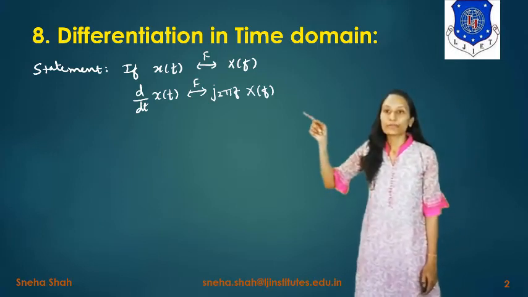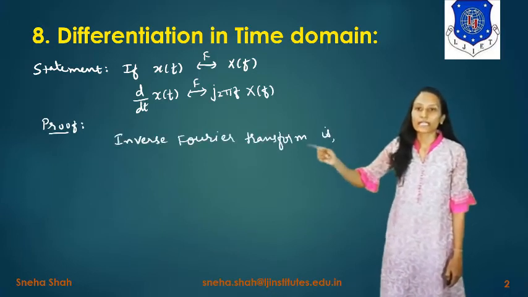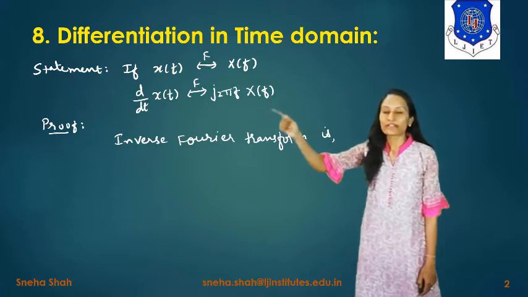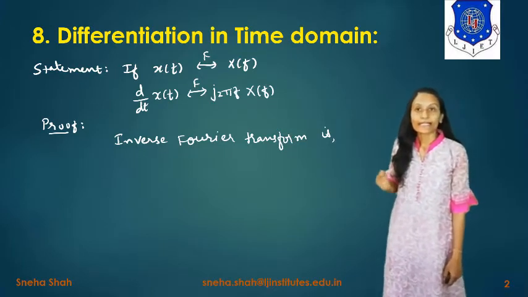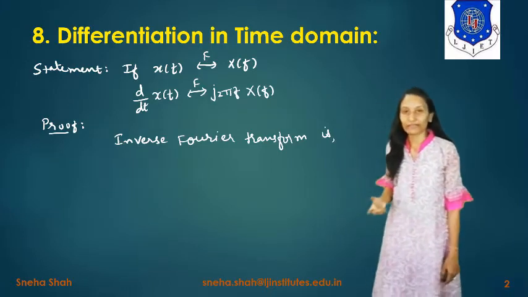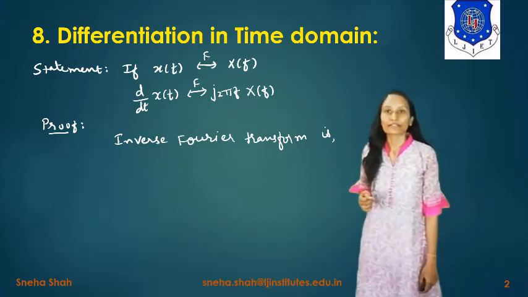Now if we want to prove this property, first of all we have to take the inverse Fourier transform. Why? Because we have to differentiate x of t, right? Now from where will we take x of t? If we know the value of X of f, then by taking the inverse Fourier transform we can find the value of x of t.